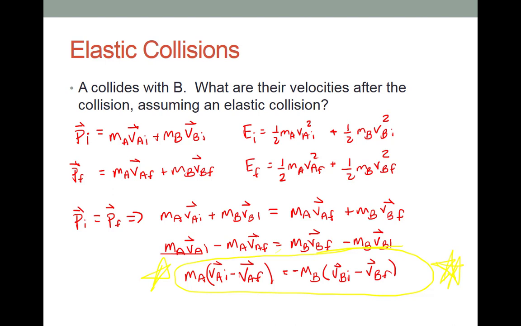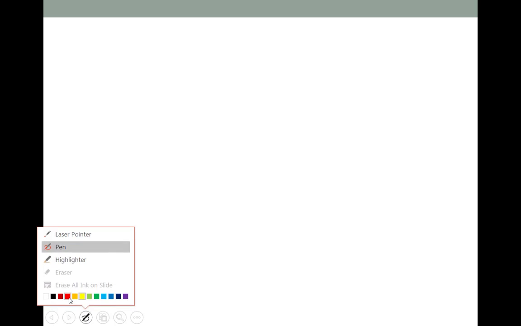But for the moment, we are going to shift gears. And our shifting of gears is going to involve looking at conservation of energy. So initial energy has to equal final energy.